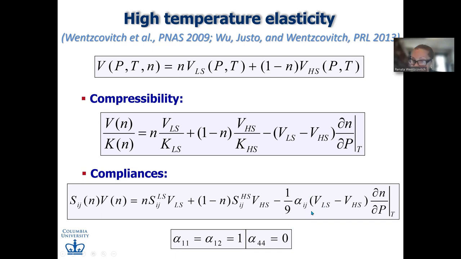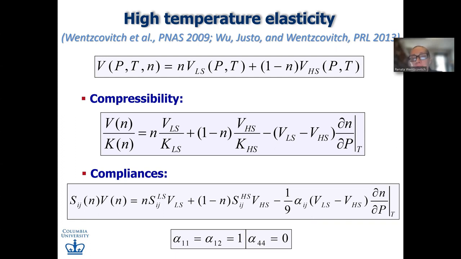That's what we showed. This alpha term here is 0 for C44, essentially because N doesn't change if the volume doesn't change. Shear strain, epsilon4, does not change the volume of the material. It's epsilon1 and epsilon2, compressive strains, that change the volume.